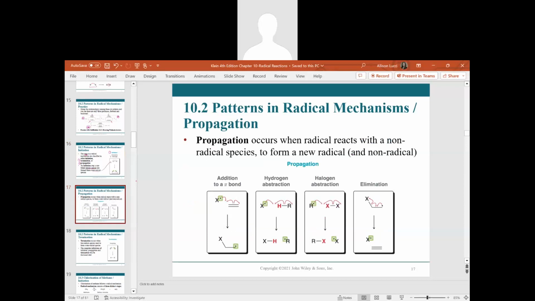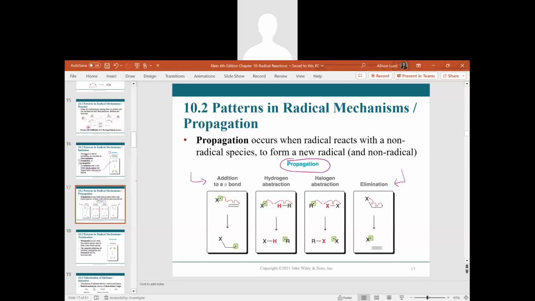Next, we have some propagation patterns listed down here. Any of these patterns, so addition to a pi bond, hydrogen abstraction, halogen abstraction, and elimination, all four of these types of patterns could be considered propagation steps. Depending on the reaction, we may see them in different orders.